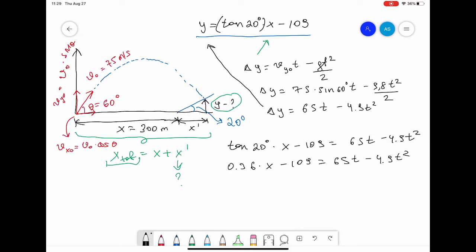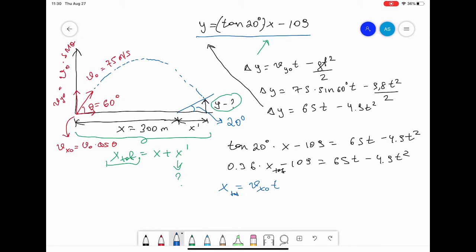Now our aim, as I said, is to find the total distance, total x. We don't know the time, so somehow we have to replace time with another parameter so that we can find our x. In order to find the time, let's look at the x components. Our total x will be equal to Vx initial times t.